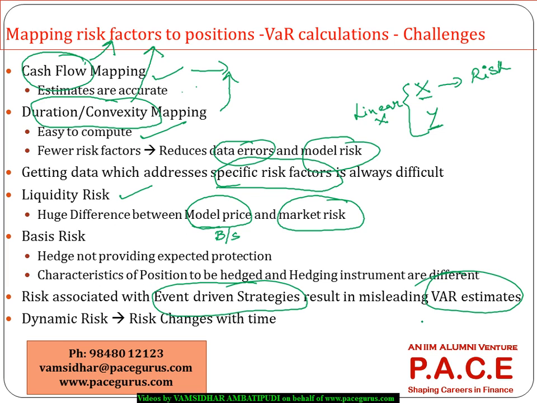Even a bankruptcy coming up, or any lawsuits coming up, so just based on the historical return, I may not be able to compute my VAR, because these are adding additionally to my value at risk, and that will occur only for some period of time after the happening of that specific event. So that is where I may think of using a dynamic risk where the risk keeps changing with time. Even that has to be looked at while building my model for estimating the risks.